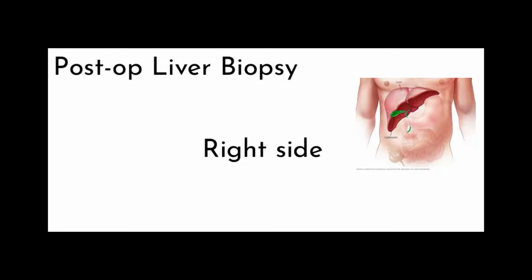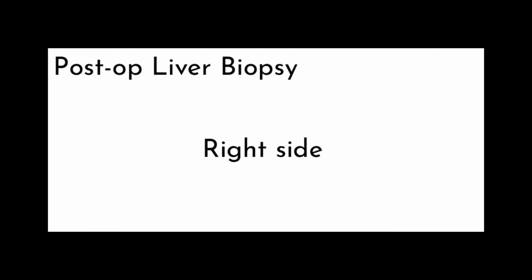So when you say liver biopsy, it simply means tissue has been taken from the liver. If tissue has been taken from the liver for testing, what position should the patient be placed in after tissue has been taken? That is the question. Now, where do we have the liver more? We have the liver more at the right.